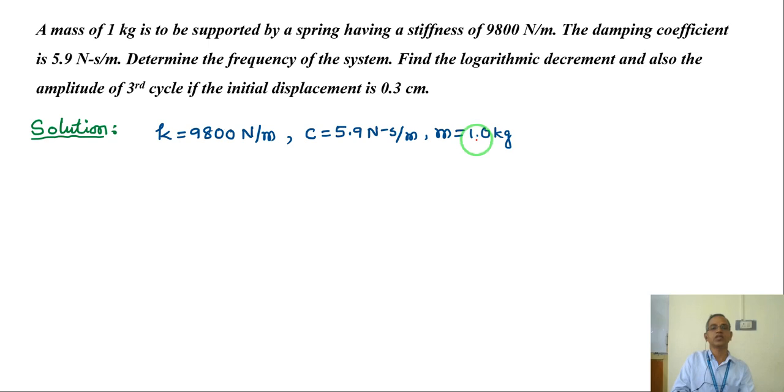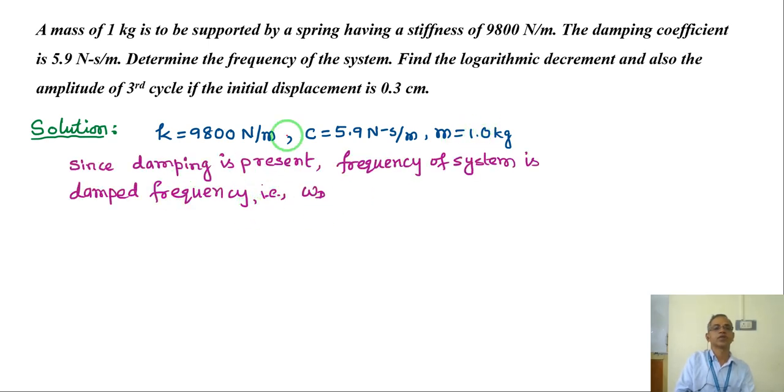With the given things, what can I find out? Since he said damping is present, the frequency of the system will be a damped frequency omega d, which is different from omega n, or natural frequency or undamped natural frequency. I know the relation, the damped frequency omega d is omega times under root of 1 minus xi square.